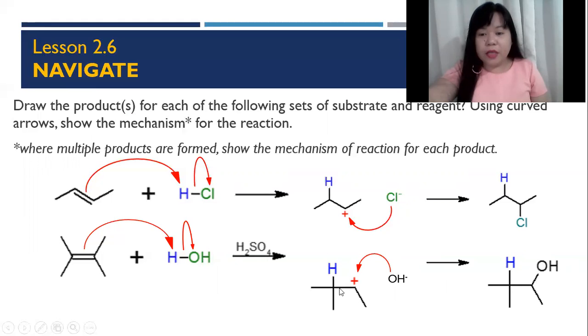So again, these are the intermediates and these are the final products. Now it just so happened that for this reaction, this is the addition of water happening in acidic medium.